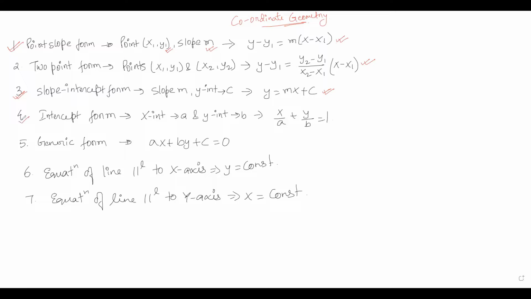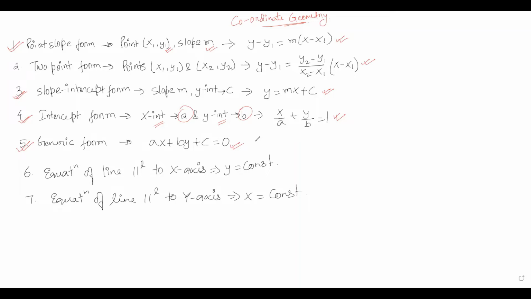The equation of a line in the intercept form is given by x by a plus y by b equal to 1, where a is the x-intercept and b is the y-intercept. The generic form or the standard form of a straight line is given by ax plus by plus c equals to 0. And when this line would be passing through the origin, in that case, there would be no constant.